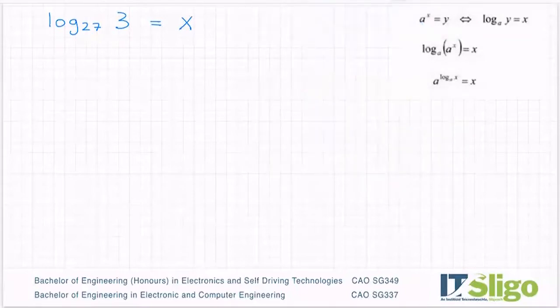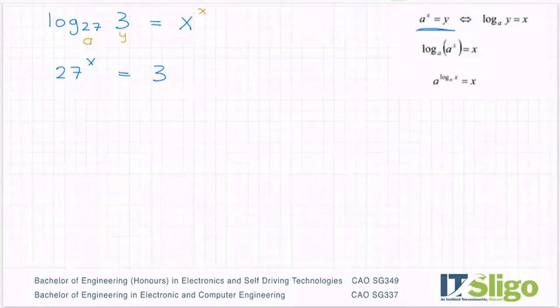So now I have, this is my a, this is my y, and this is still my x. So I end up getting 27 to the power of what gives me 3.